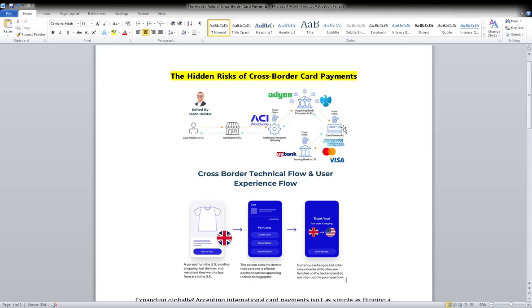Users swipe the card at any merchant's POS machine, and there are gateways like ACI Worldwide, for example, mentioned here. After the fraud check, the merchant account is taken, the acquirer bank approves it, and there's a corresponding receiver bank.